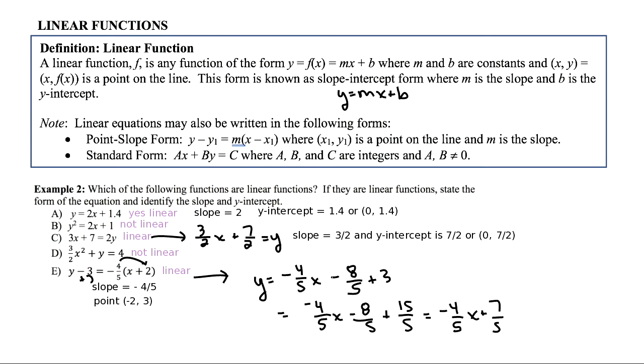So for this particular one then, what's my slope? You should be able to find the slope. You should be saying that the slope is -4/5. And this one, the y-intercept, is 7/5, or if we write it as a point, it would be 0, 7/5.